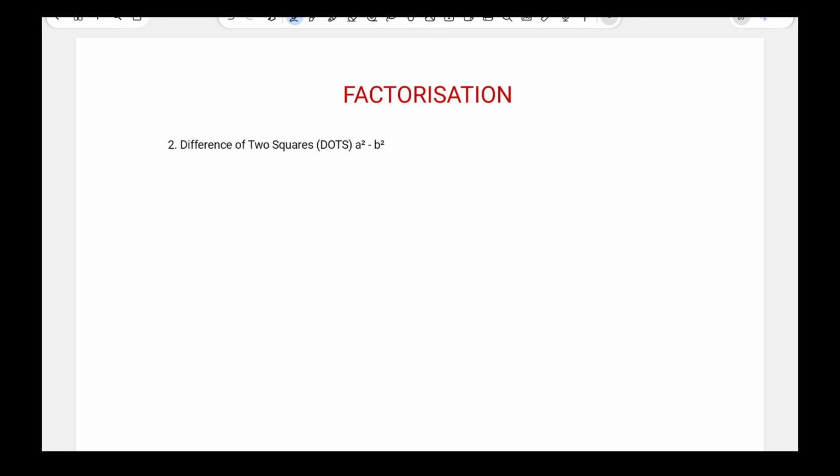The rule is this: a squared minus b squared will be written as a minus b in brackets, then a plus b, only if you have something like this.